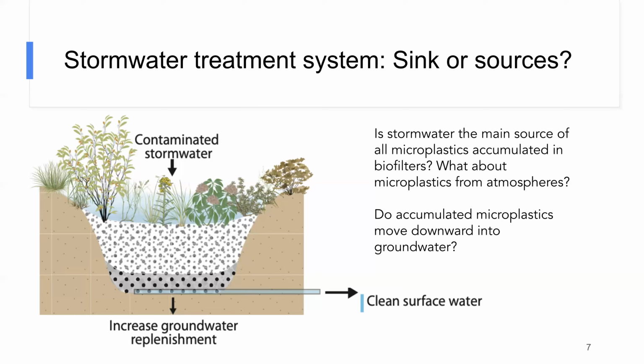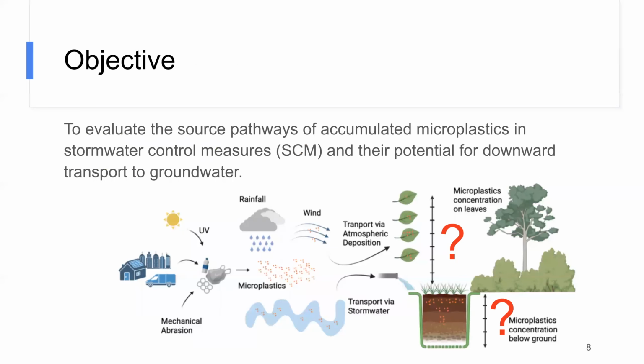That means there is a chance that this plastic could move downward much faster. So we asked this question: what's the likelihood of this accumulated plastic moving downwards and contaminating groundwaters? These are the two critical questions that we hope to have answered by the end of this talk.